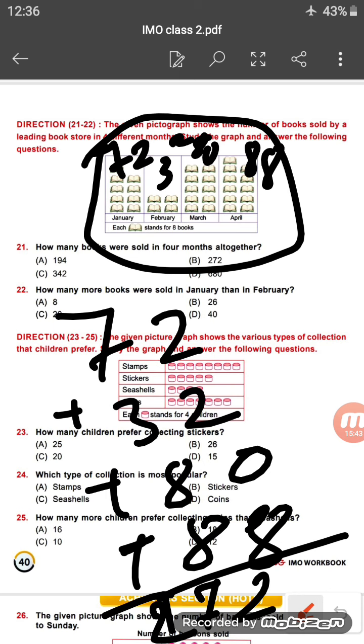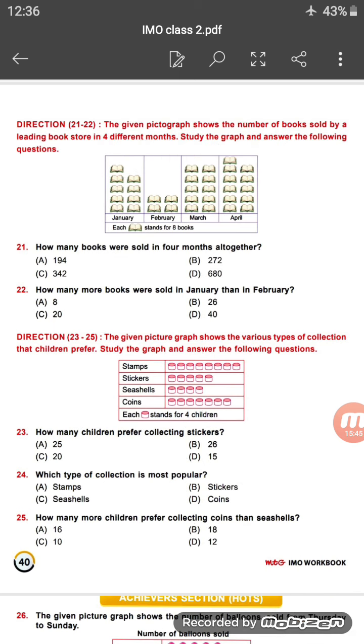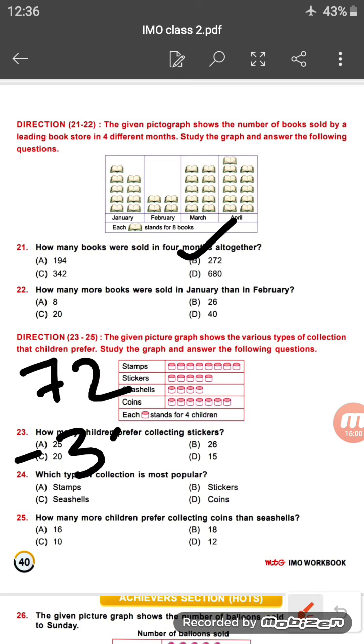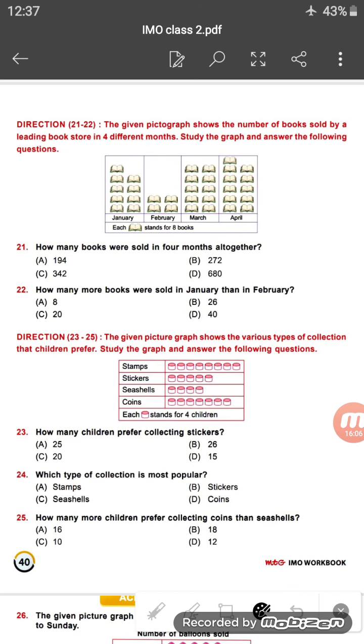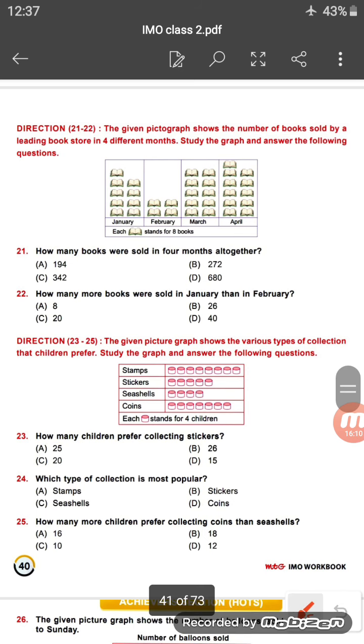Answer will be 272. Okay. Number B. How many more books were sold in January than February? So the number of books sold in January is, we know, 72, and in February it is 32. So we will just subtract it. And the answer is D. Answer will be number D.